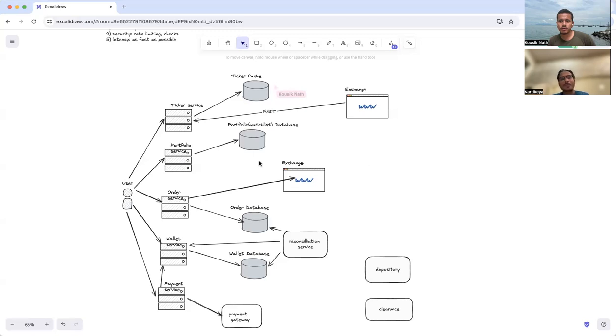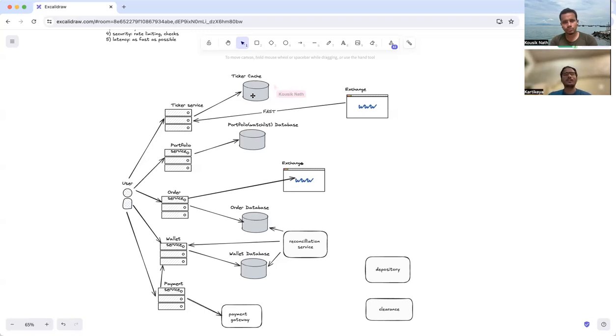So what is this ticker cache actually made of? What is the technology choice here? Okay, the ticker cache. We have 20,000 companies only, and at a particular time we would be storing the latest values of those 20,000 companies, maybe some additional metadata like when it was last updated.